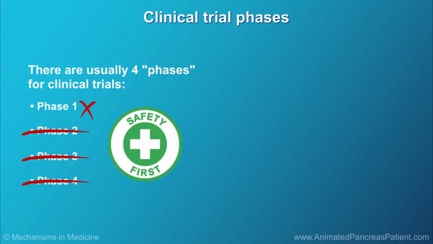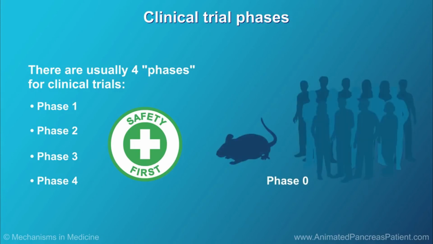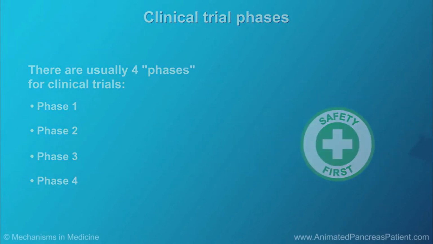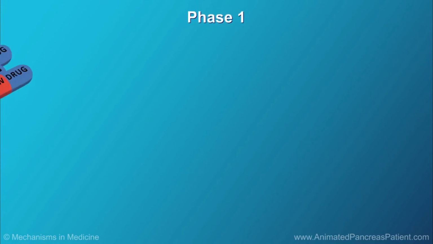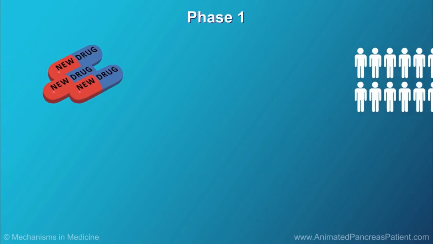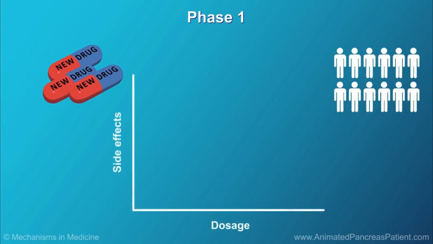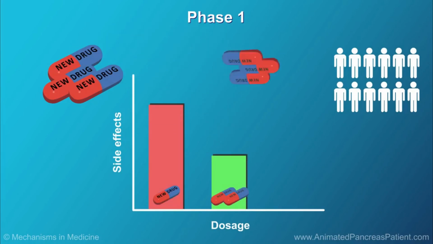Before a Phase 1 trial begins, there is a Phase 0, where the new treatment has already been found to be safe in animals or healthy human volunteers. In Phase 1 clinical trials, a new treatment is tested in a small group of participants for the first time to determine a safe dose and see how the treatment affects the body.